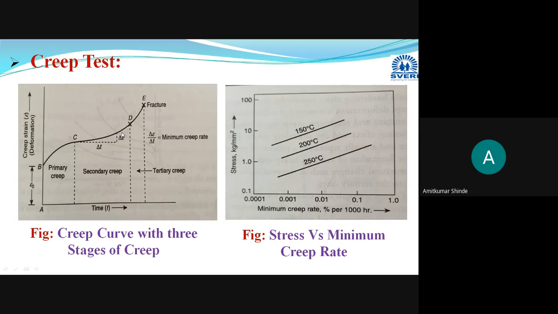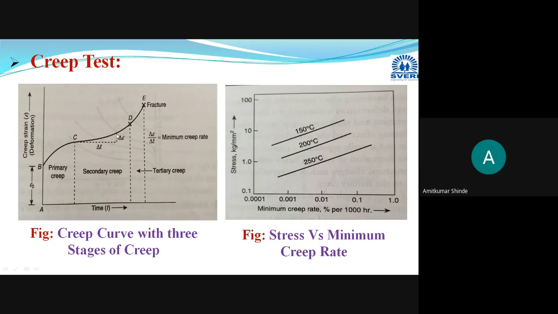Now, in the CD region, the amount of strain or deformation is increasing almost at a constant rate. So this region is selected and its slope is calculated.